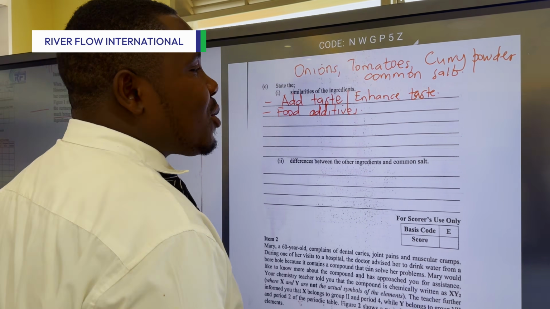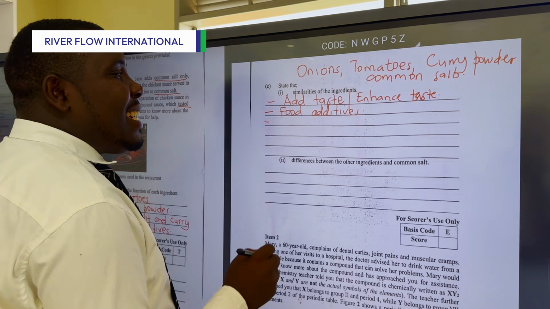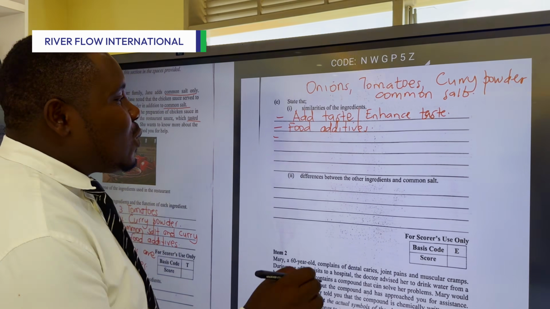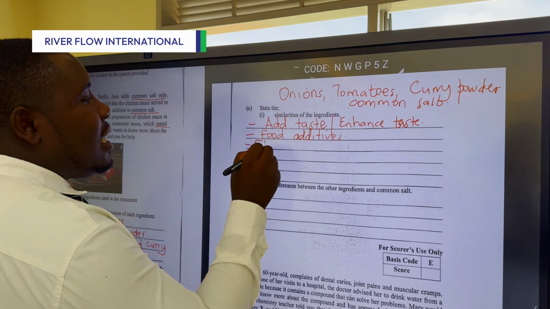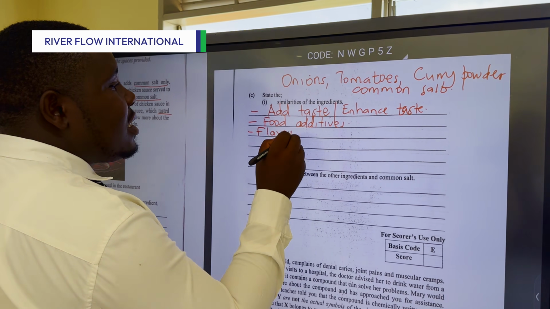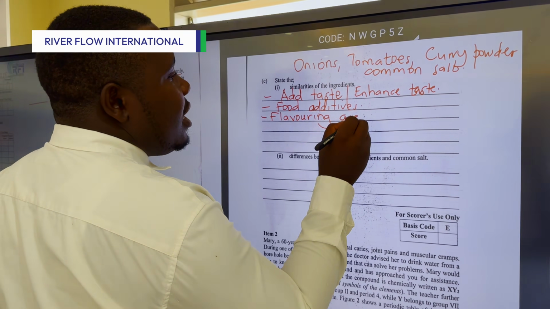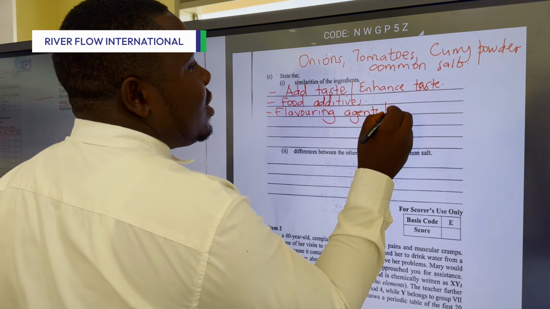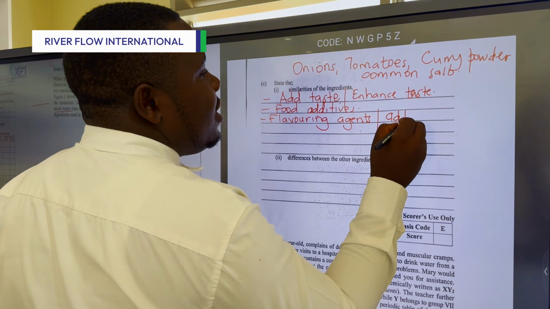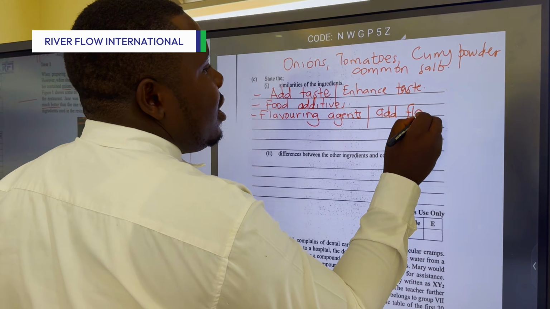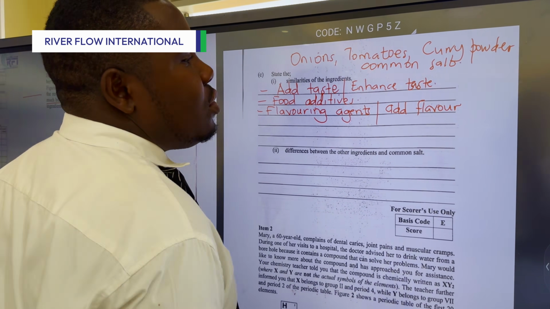Yes, that is also a similarity. And number three, we have also seen that all of these can be used as flavoring agents. In other words, they add flavor to food.